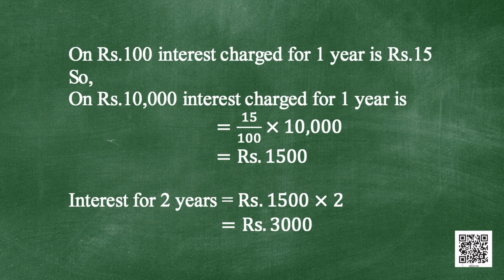Make a note that this is the interest on rupees 10,000 for 1 year, but then we wanted to calculate for 2 years. So, interest for 2 years is equal to rupees 1,500 multiplied with 2, that is equal to rupees 3,000.